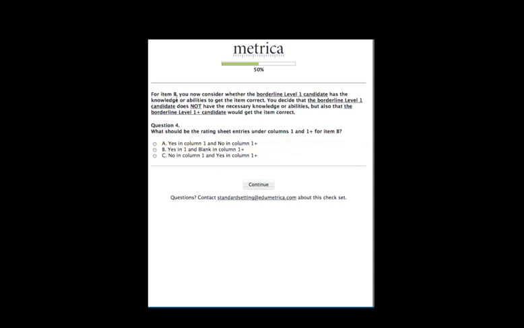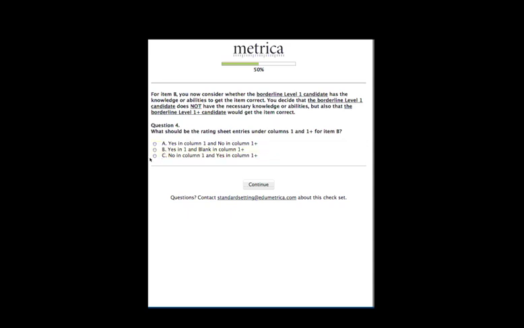For the same item, B, you're now considering the borderline level 1 candidate and also the borderline level 1+ candidate. If you read the situation up here, what it's telling you is that you have decided that the borderline level 1 candidate does not have the necessary knowledge and skills, but the borderline level 1+ candidate does, in order to answer the item correctly.